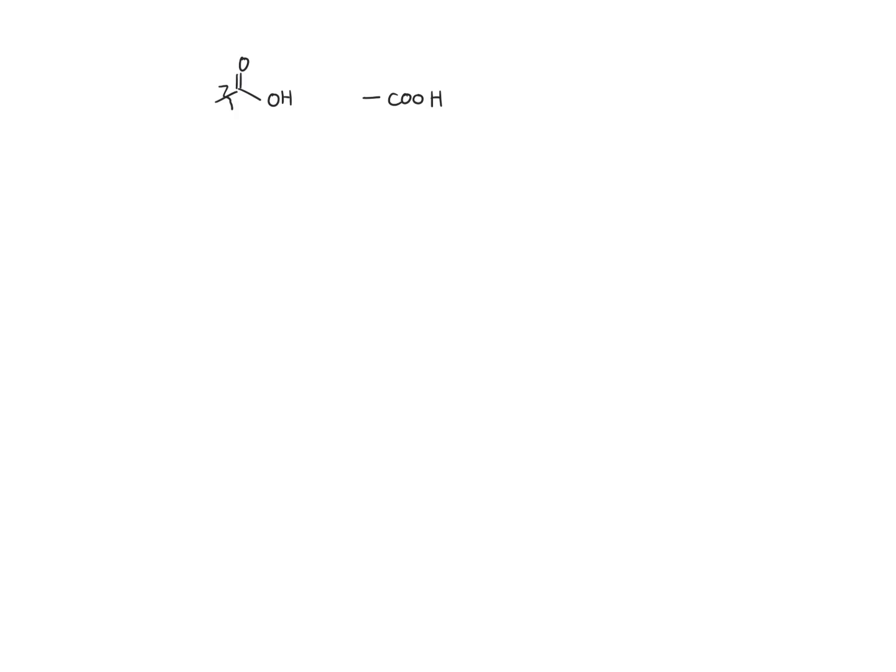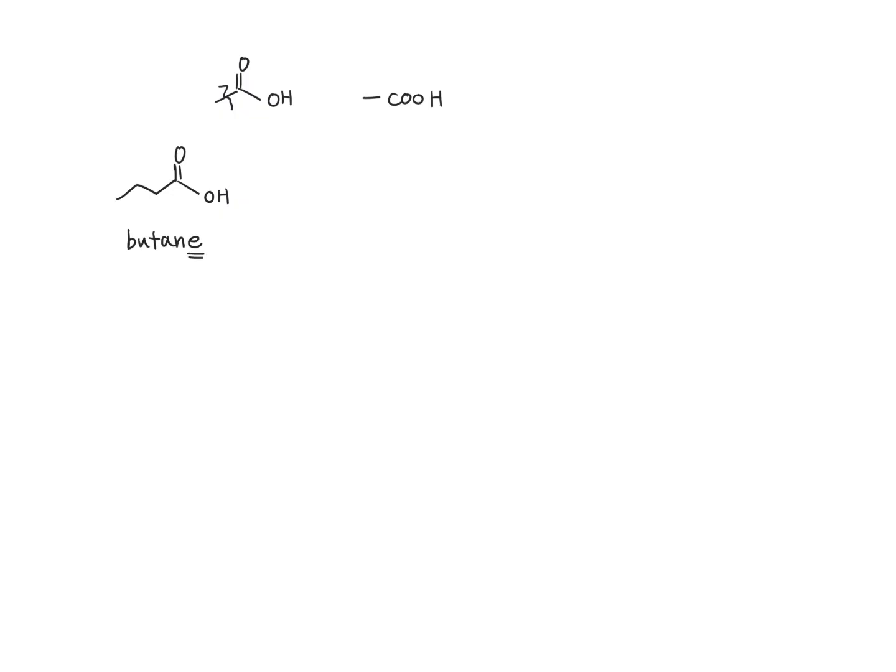The first scenario we are going to look at is a linear or acyclic chain. For example, something like this. What we are going to do here is drop the E of butane. Here we have 4 carbons.